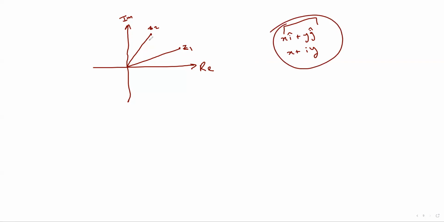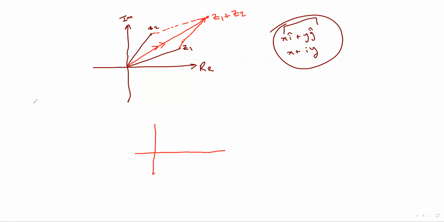So we can treat the radius vectors as actual vectors, shift Z2 here, use the parallelogram law for vectors, and conclude that this is the radius vector corresponding to Z1 plus Z2. So this point is Z1 plus Z2, and you can do similar treatment for subtraction as well.